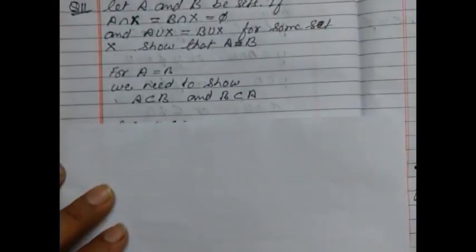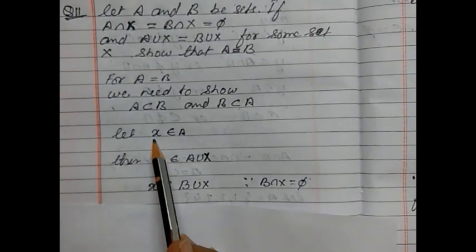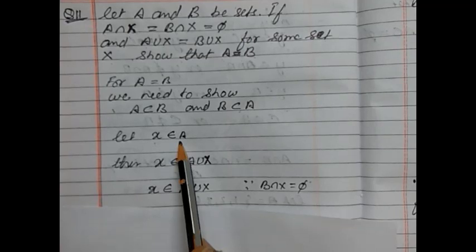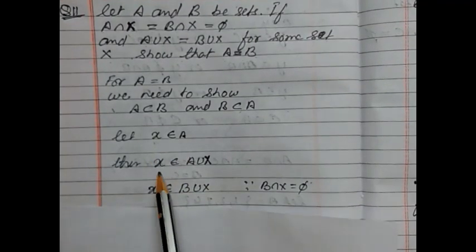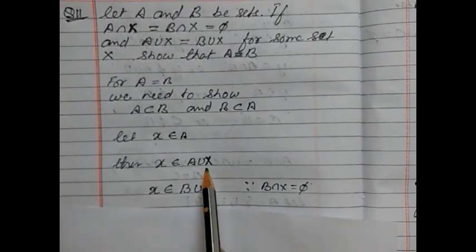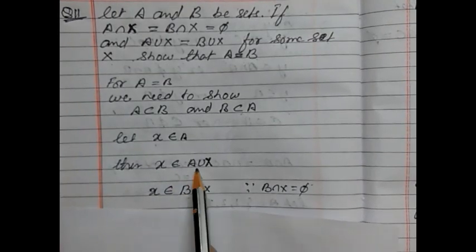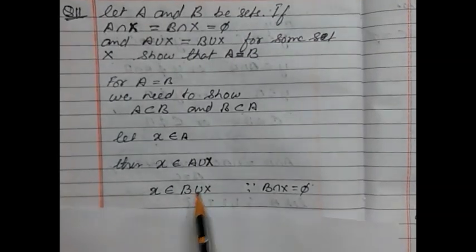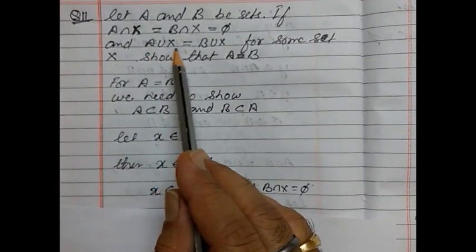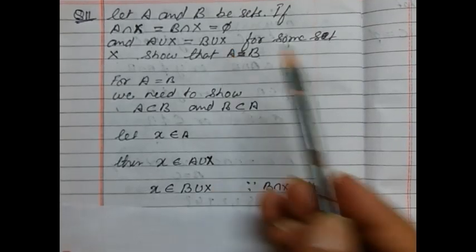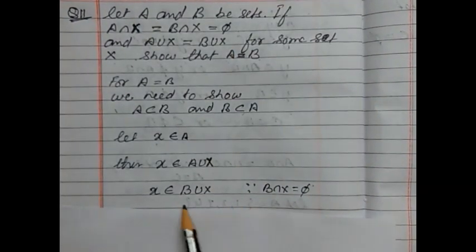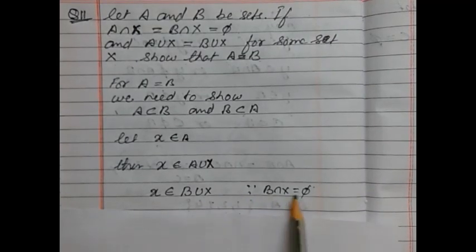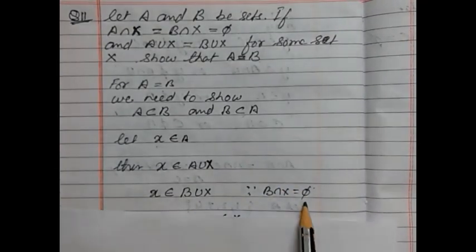Here we assume x is an arbitrary element which belongs to set A. If it belongs to set A, then it will belong to A union X, the union of A and X, and this will belong to B union X, as it is given that A union X is equal to B union X. So it does not belong to B intersection X, because B intersection X is already given as the empty set.